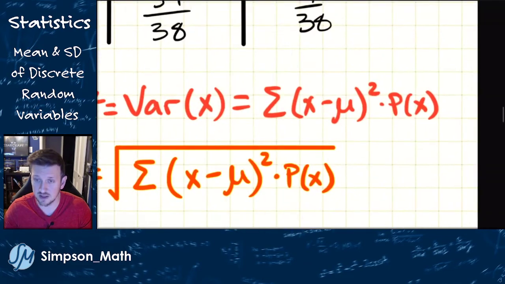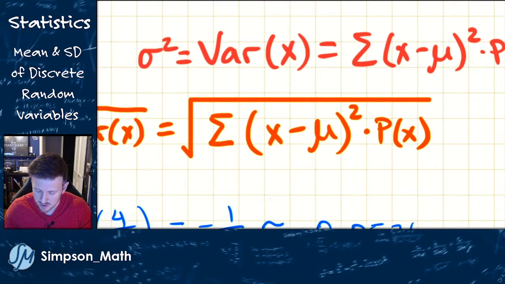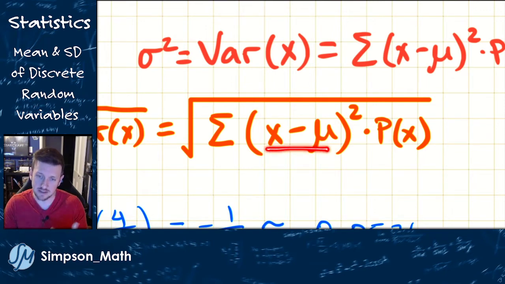But let's think about just the logic of this formula real fast. I'll show you under the square root. Back when you first learned regular standard deviation stuff in your stats class, if you learned how to do the standard deviation by hand, you calculate first the deviations. The deviation is the distance and direction that these values are away from the mean.